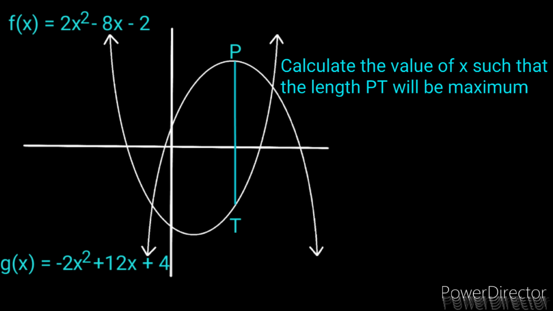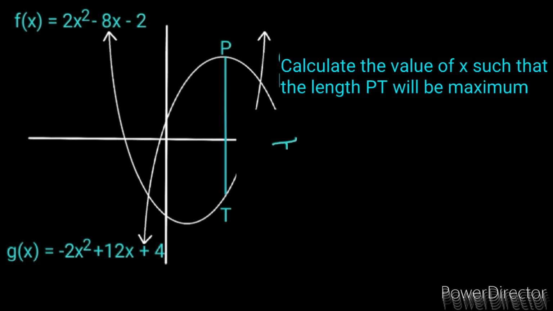First of all, you have to consider the fact that P is a point and T is also a point. So T has an x coordinate and a y coordinate because it is a point on the graph.